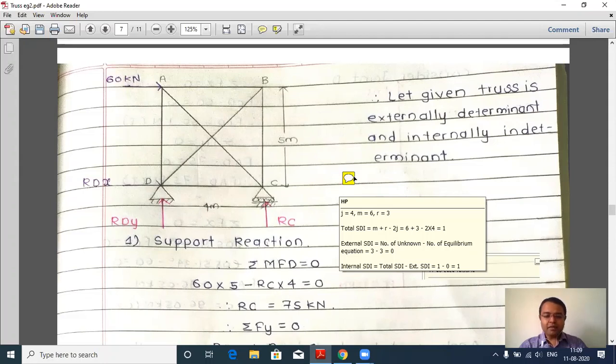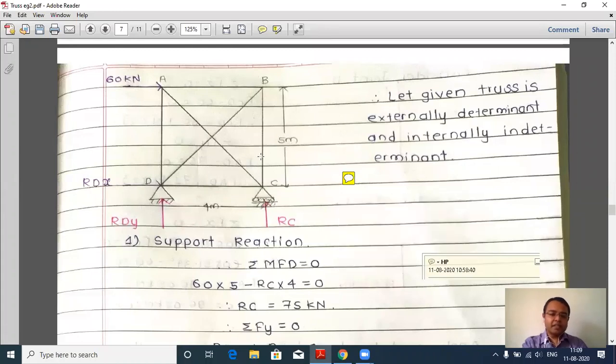Now at last we'll find the internal SDI. Internal SDI is equal to total SDI minus external SDI. The total SDI is 1, which we calculated, and the external SDI is 0. So of course we get internal SDI equal to 1. What does it mean? The given structure is internally indeterminate by degree 1.